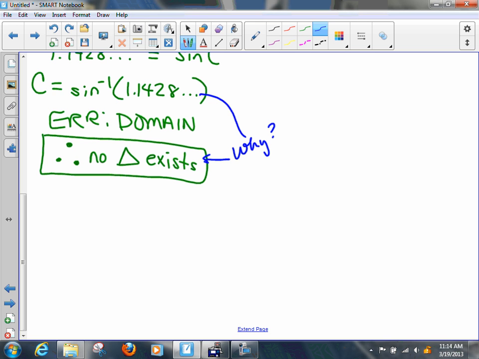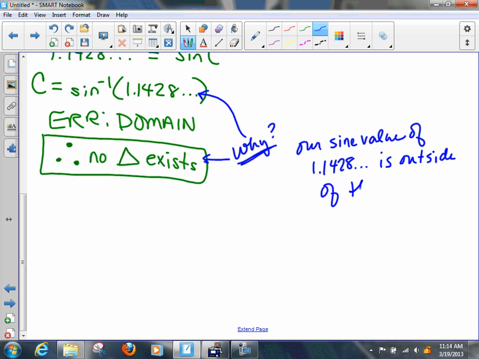Because our sine value of 1.1428 is outside of the -1 to 1 range. Boundaries, whatever you want to put. Just humor me. You need it to be there because you need to understand why there's an error, okay?